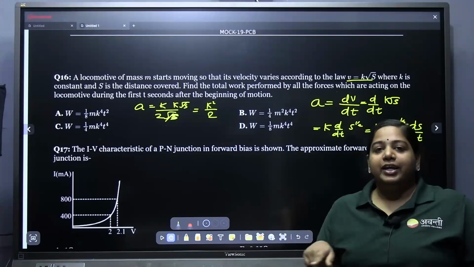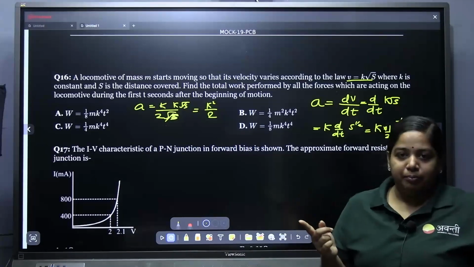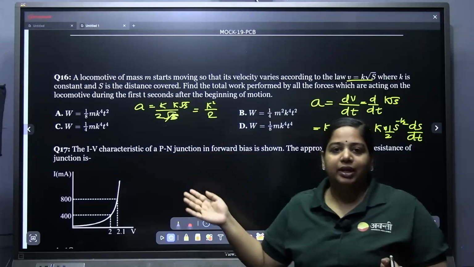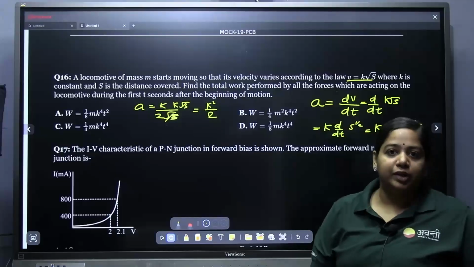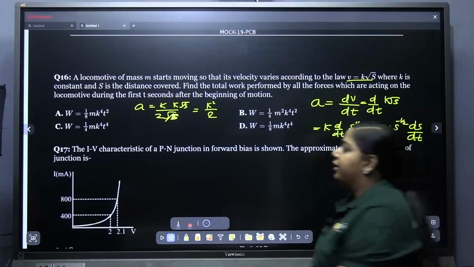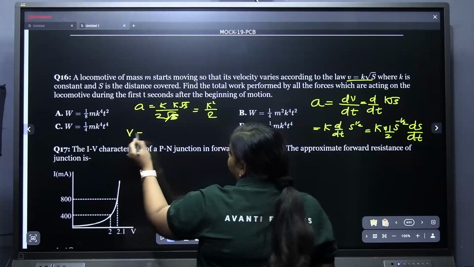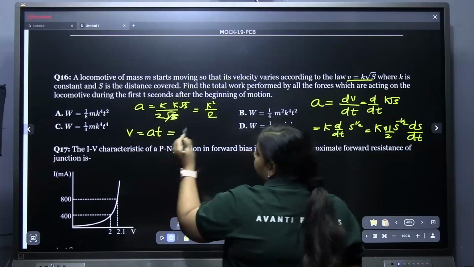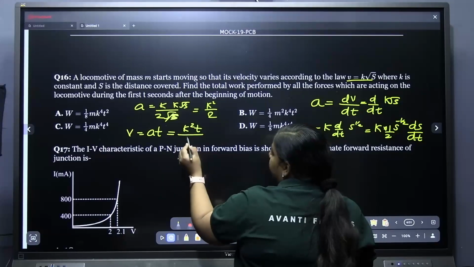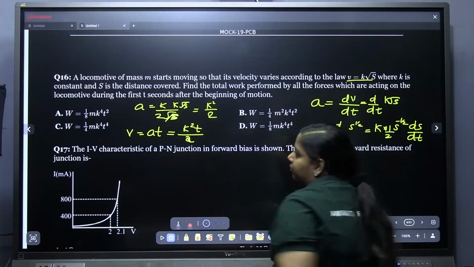Now we are again finding velocity at time t, because if you want to find work done with respect to t, we need velocity in terms of t. Here velocity is in terms of s, we can't say. So velocity we will get equal to at, which is equal to k square t by 2.